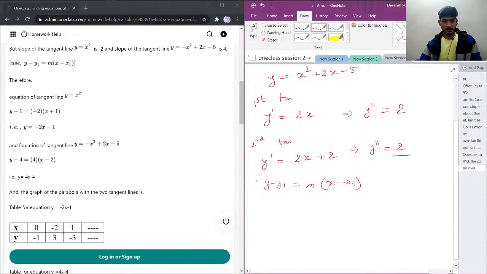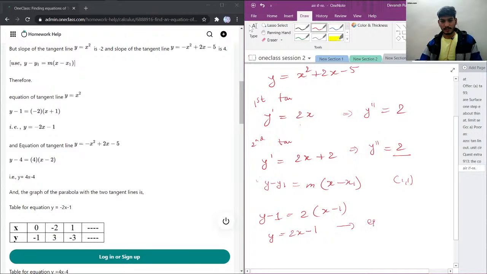If I use 1 comma 1 as x1, y1, then I can write for first parabola, this is going to be y minus 1 equal to 2 times x minus 1. This will become y equal to 2x minus 1.